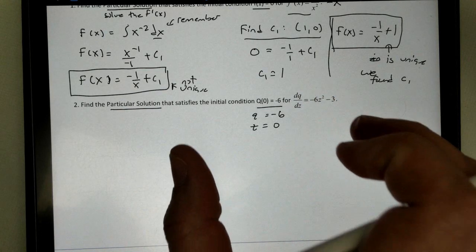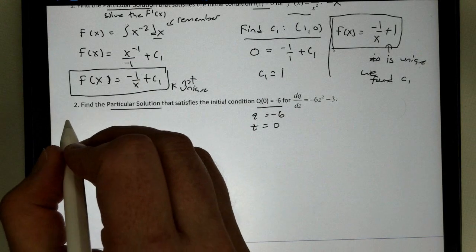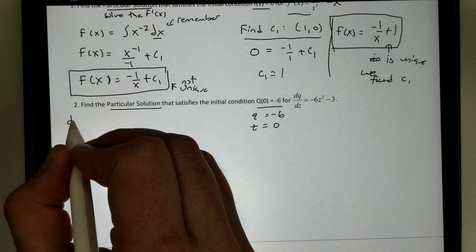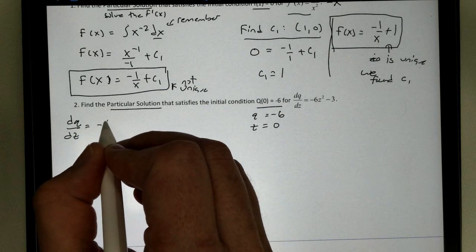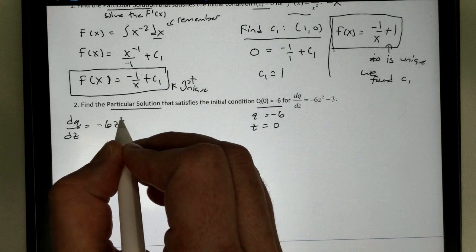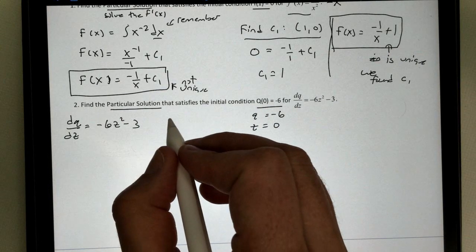So for this one, we're going to do a little bit more work than we have to, and I'll show you what we really need to do. We're saying dq dz equals negative 6z squared minus 3. We want to solve for q.